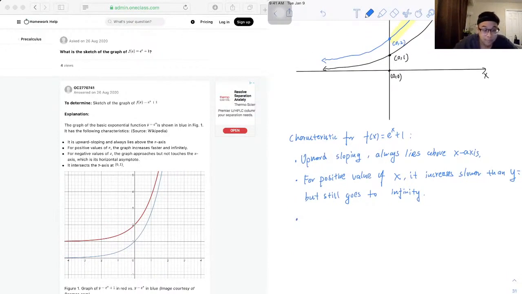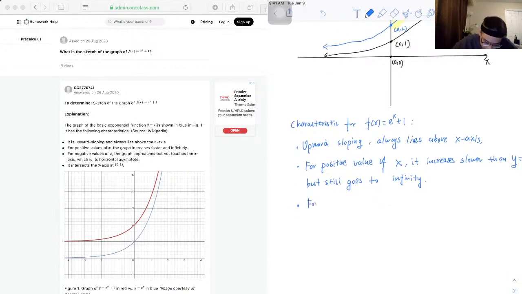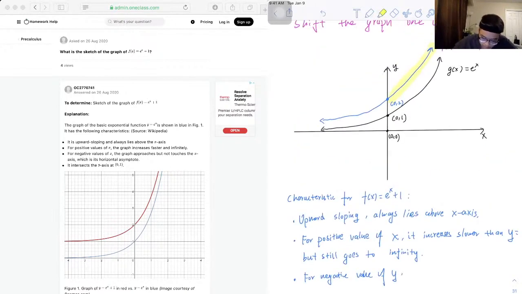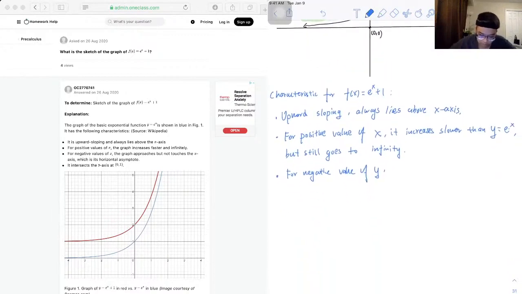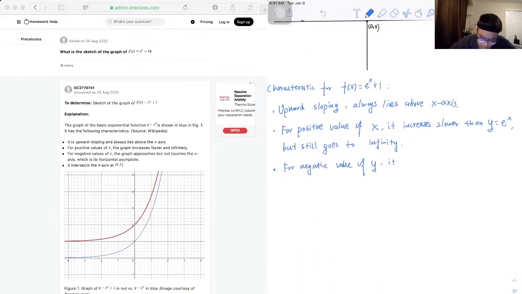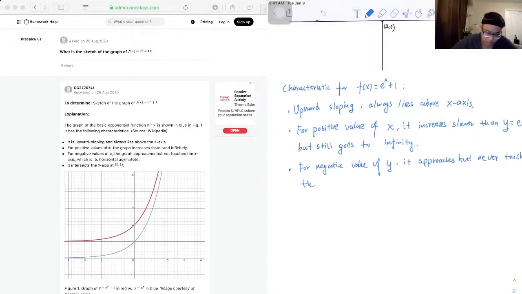And next thing is for negative values of x, which is the green part. It approaches but never touches the line y is equal to 1.